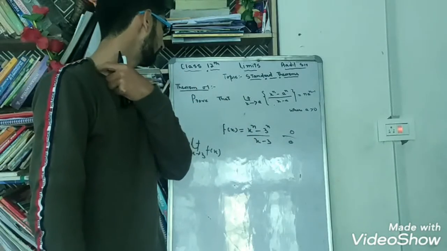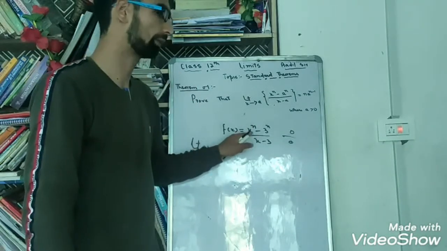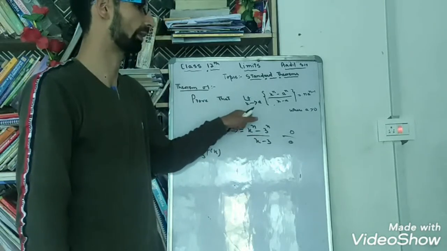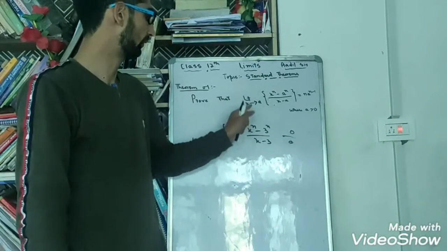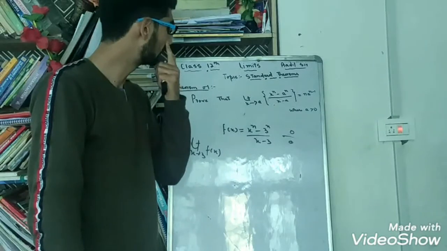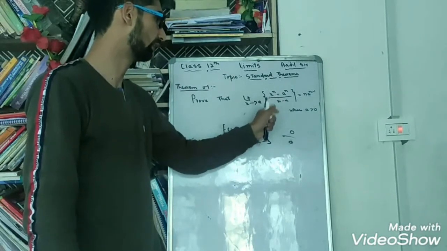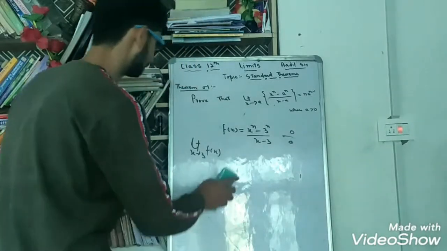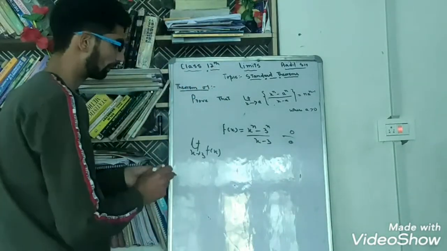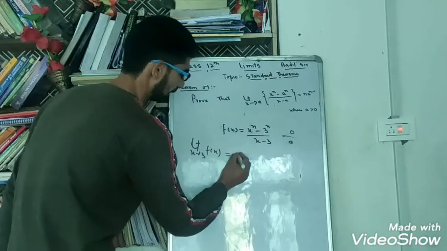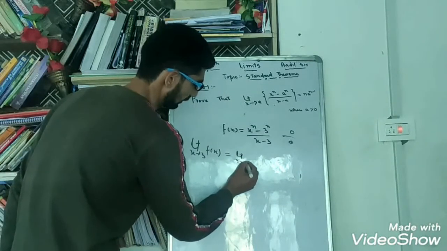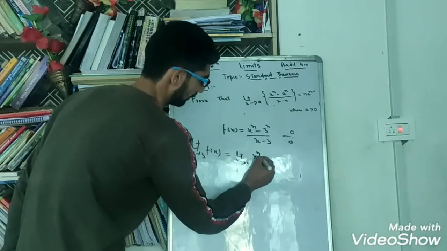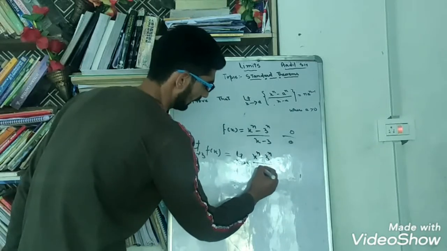When we are not able to factorize the numerator and denominator, we have this theorem. The theorem says you have to make the function the same as this function, and then you can compare the two and get the result. Here the limit as x tends to 3 of f of x is equal to the limit as x tends to 3 of (x^n minus 3^n) divided by (x minus 3).